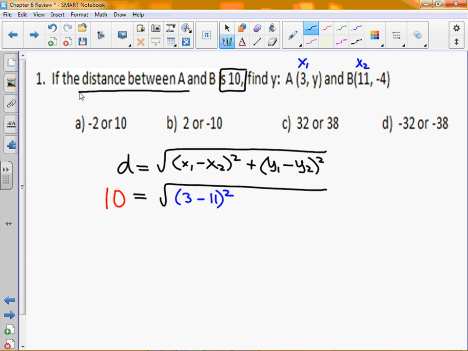Okay, so now I have plus my y1 and my y2. And again, plug them in. This says y1 is just the variable y. So I just come here and I say y minus a negative 4.